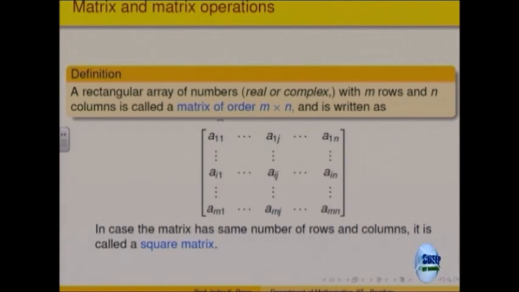In fact, they could be more general, but we will be concerned only with constants which are real or complex. So, a rectangular array in which there are m rows, first row, second row, third row, and each row has n columns. This is called a matrix.